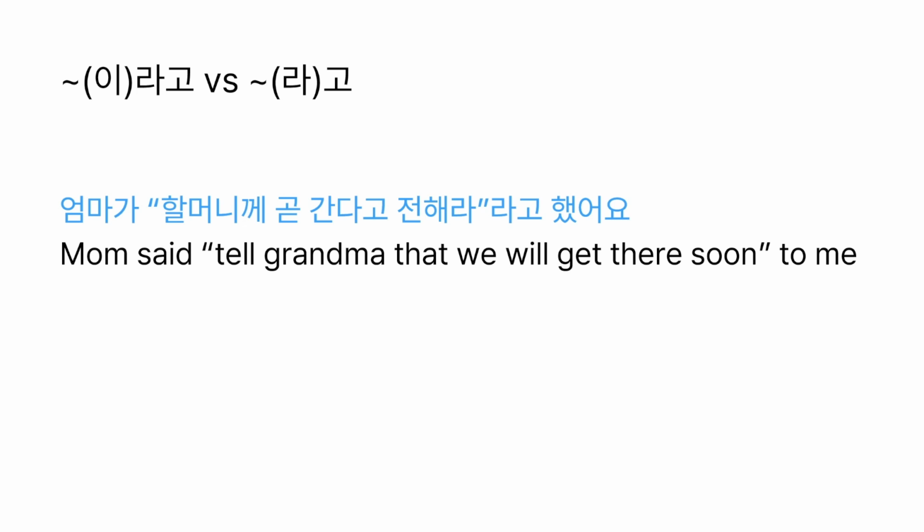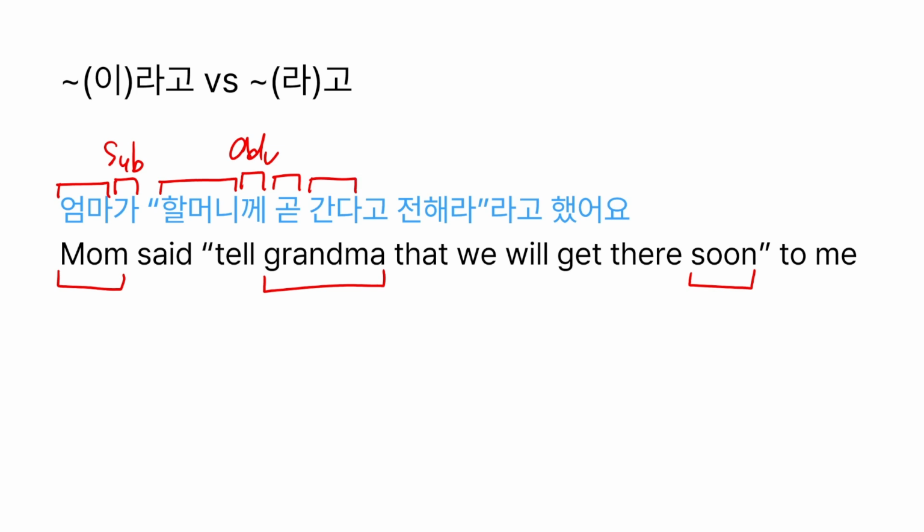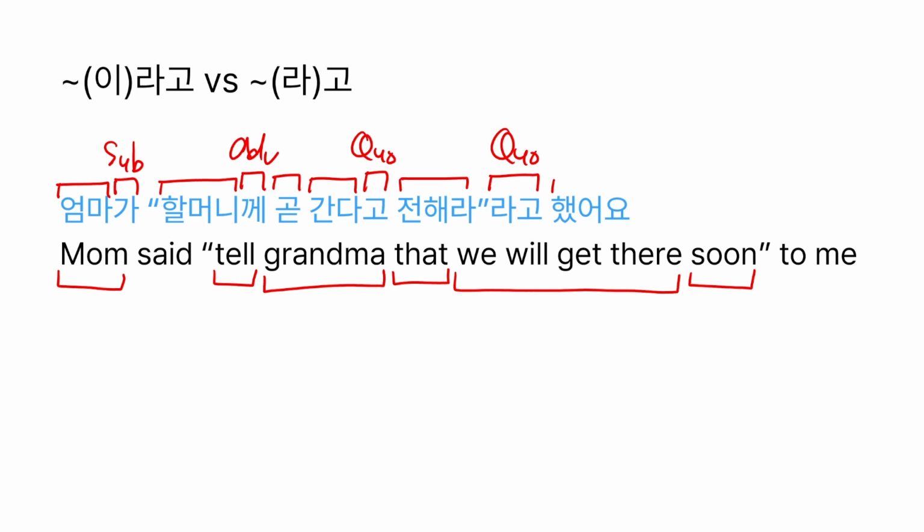In this sentence, 엄마 means mom, and 가 is the subjective case particle, and 할머니 means grandma, and 께 is an adverbial case particle which is not in the English translation, and 곧 means soon, and 간다 means we will get there, and 고 is the quotative case particle which is translated into that, and 전해라 means tell, and 라고 is the quotative case particle which is not in the English sentence, and 했어요 means said.